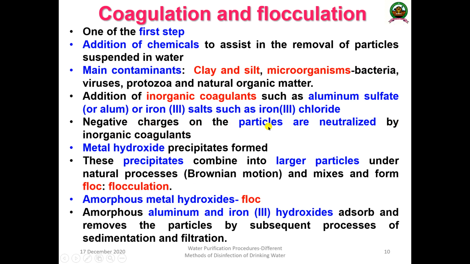The metal hydroxide precipitates are formed. These precipitates combine with the larger particles under natural conditions, known as Brownian movement, and mix and form flocs. That is known as flocculation.